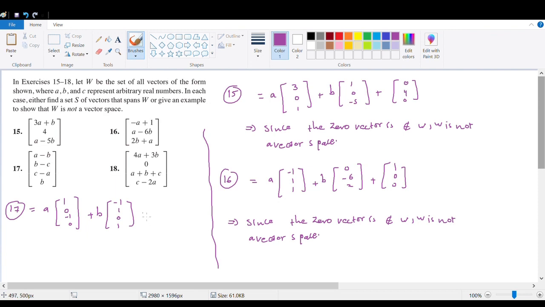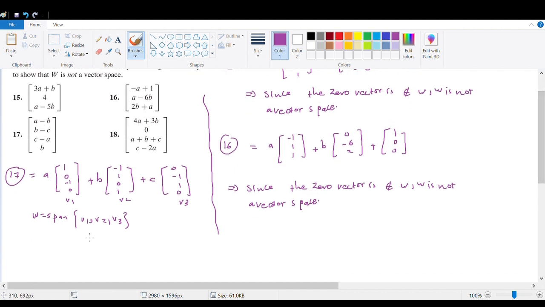Plus C, where the coefficients of C are 0, minus 1, 1, 0. So now we can rewrite W as the span of the vectors V1, V2, V3. Since we can represent it as a span, this is a subspace, a vector space.